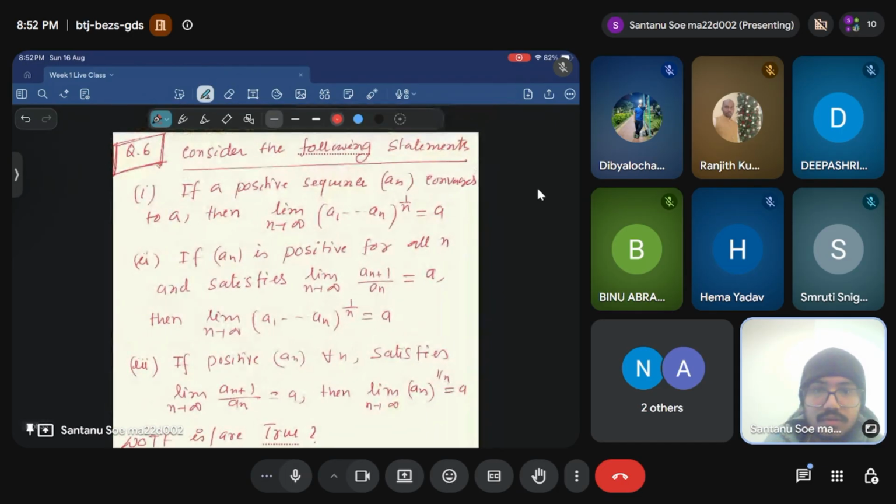Is this question clear to everyone? So in all cases an is a positive sequence.